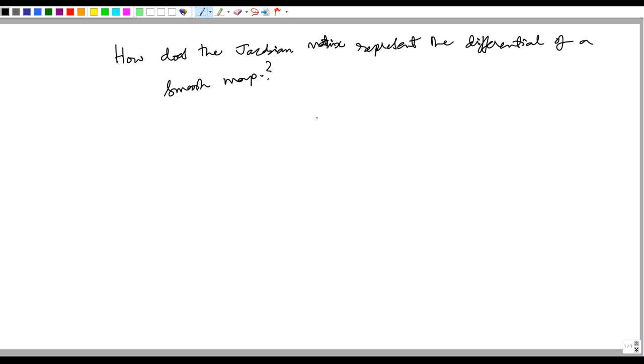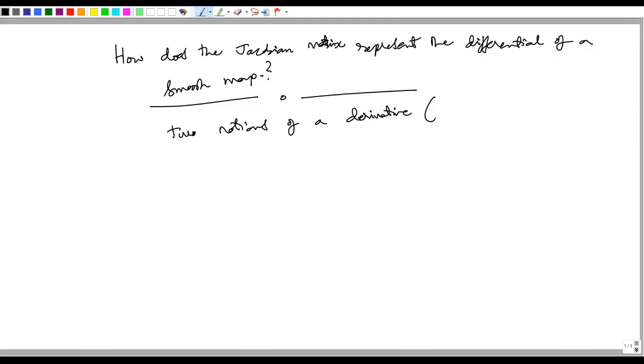So let me again quickly go over the two seemingly independent notions of the differential of a smooth map. Two notions of a derivative or differential of a smooth map.